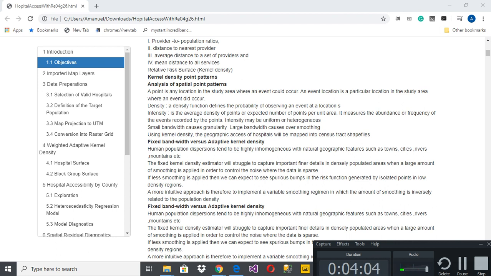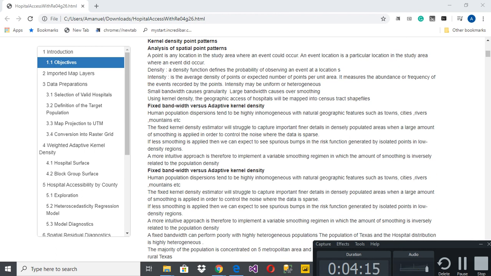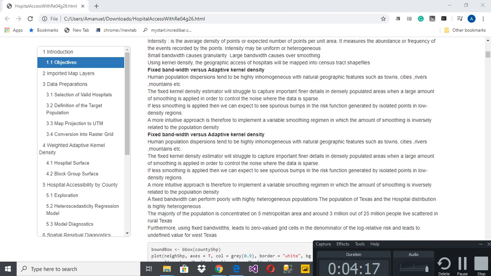On the other hand, if we use less smoothing, we can expect to see spurious bumps in the risk function or in the density function. So a more intuitive approach is to implement a variable smoothing bandwidth, especially with a state as heterogeneous as Texas. Using fixed bandwidth is difficult.